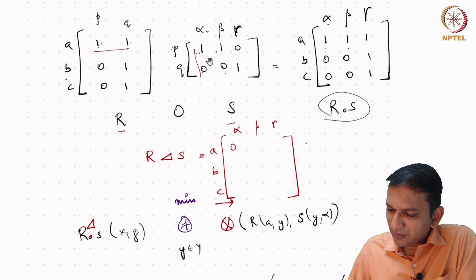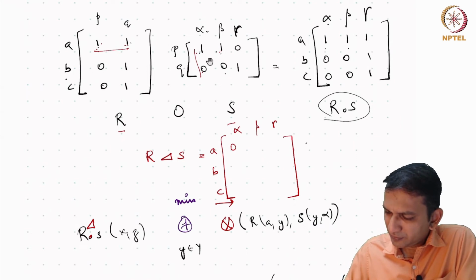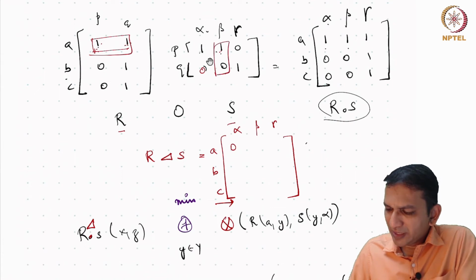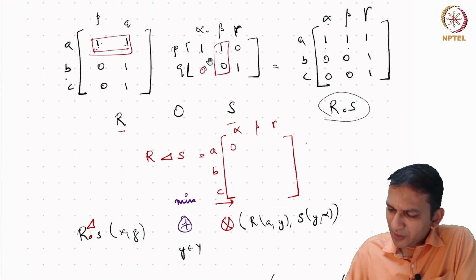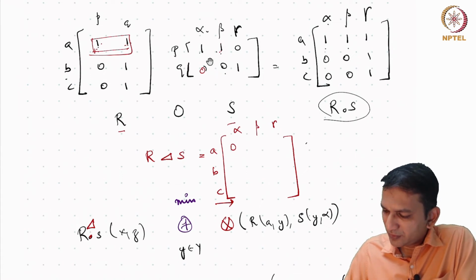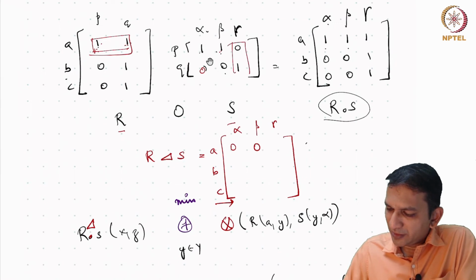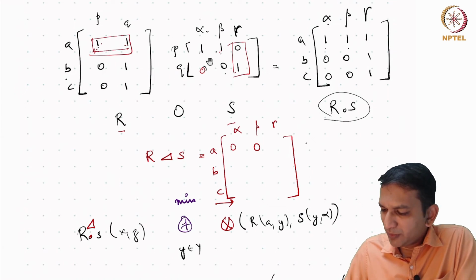Same, look at A beta. These are the same values. 1 implies 1 is 1, 1 implies 0 is 0, so minimum of these two will be 0. Now if you take the first row and the last column, 1 implies 0 is 0, 1 implies 1 is 1, but minimum of these two is 0.